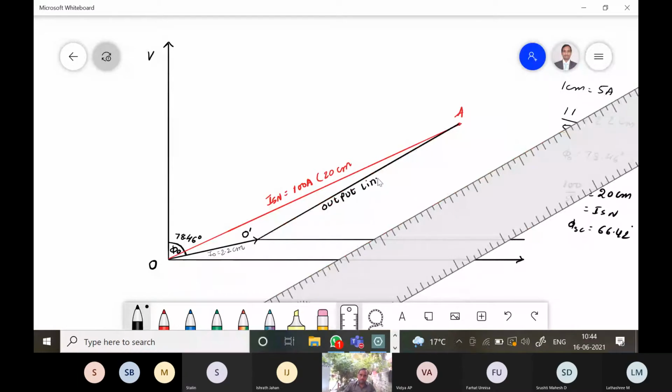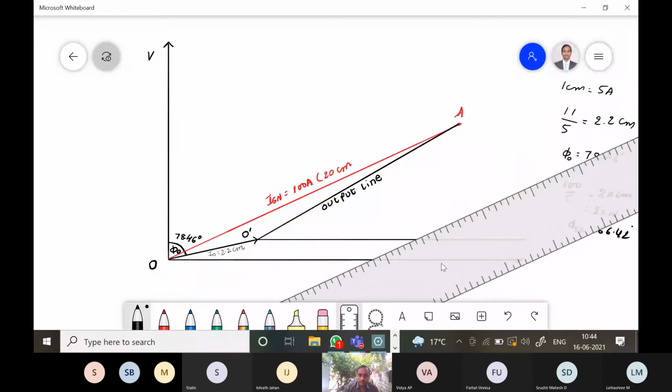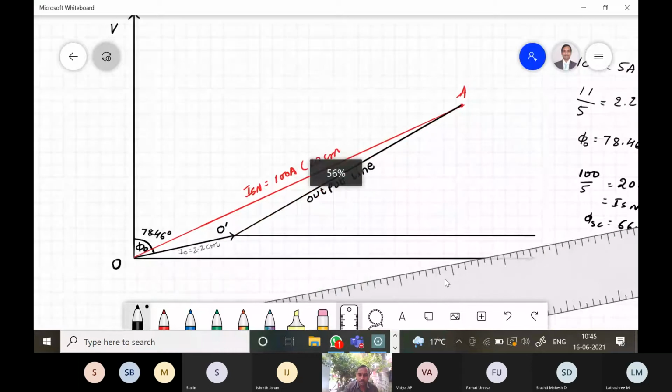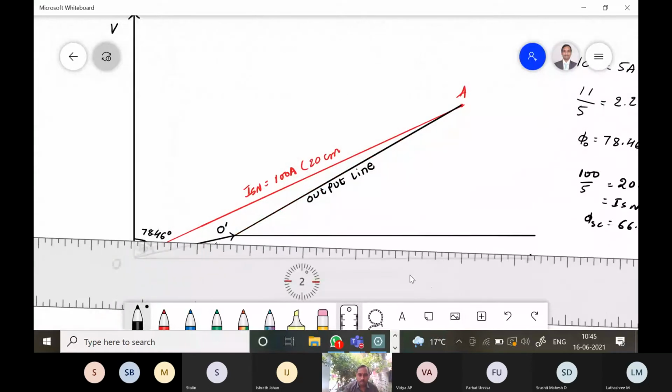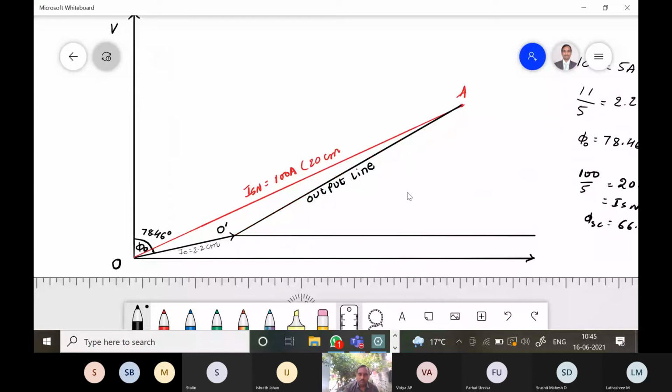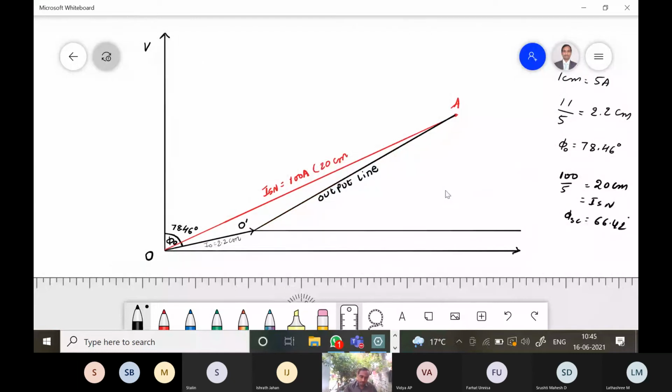Now draw the perpendicular bisector of the O dash A line.